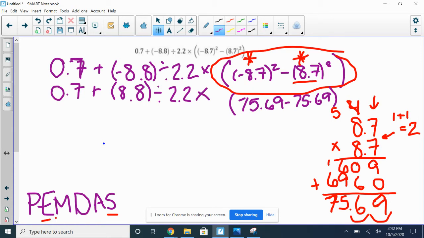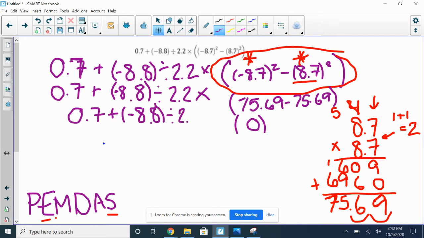All right, so 75.69 minus 75.69, we're going to finish out the parentheses, is something minus itself is going to give us 0. So now bring down one more time. I have 0.7 plus, and I lost my negative sign, so make sure we don't lose it, negative 8.8, because that was the whole point of these parentheses, is that we don't lose that negative sign.